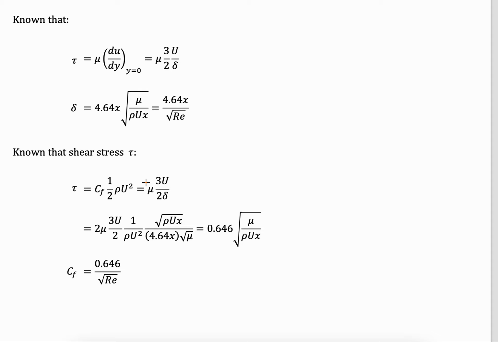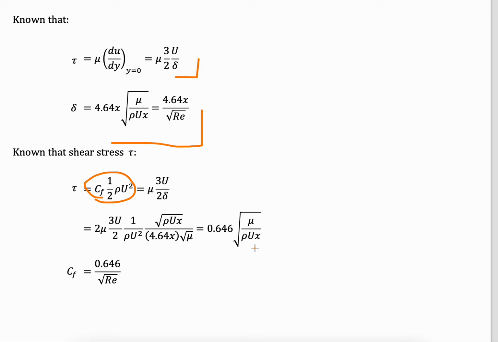And then if we want to calculate the shear stress, we could have this one. Okay, so this is the shear stress. And then we could calculate the delta as this one. I think you could do this at home. Then to calculate the CF here, we are using this equation.